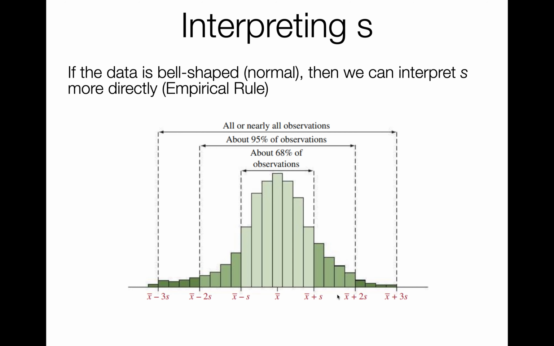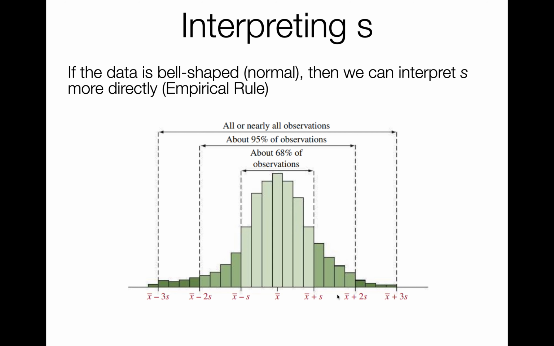In certain cases, the standard deviation can be described in a meaningful way easily. It can always be described in a meaningful way, but it takes a lot of thought. So here is a nice case. If the data that we're looking at looks bell-shaped, you may say, well, where the heck did that come from? It seems like it's out of nowhere.